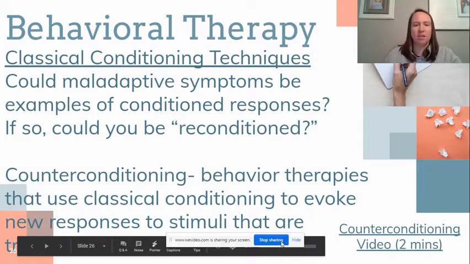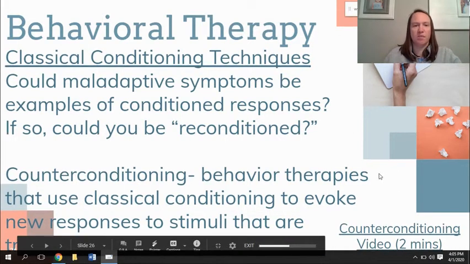So I think we were at counter conditioning. Get this out of the way. And so let's write down what that is. We talked about it's like conditioning backwards, right?